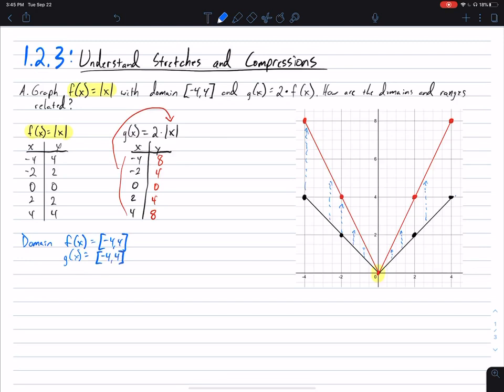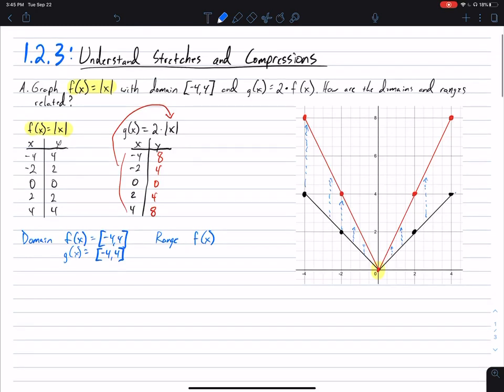My domain has remained the same. So let's take a look at the range. My range for f of x minimum, the lowest that my y values were was 0. And the largest that my y values were, again in f of x, was 4. It never went above 4.